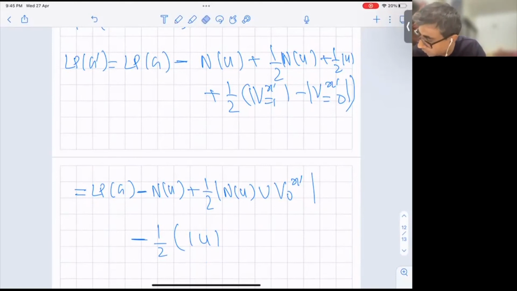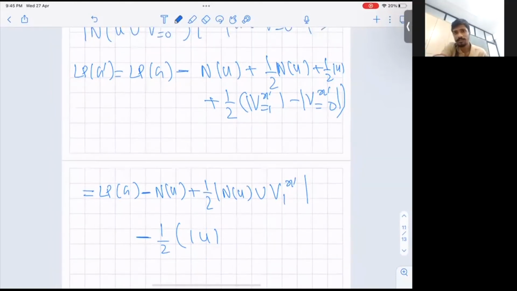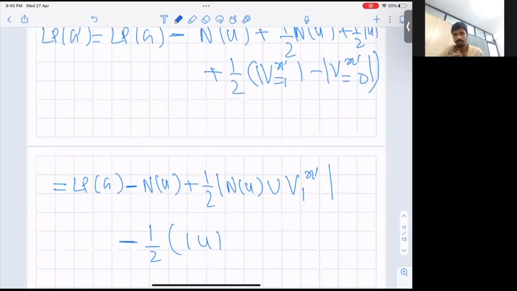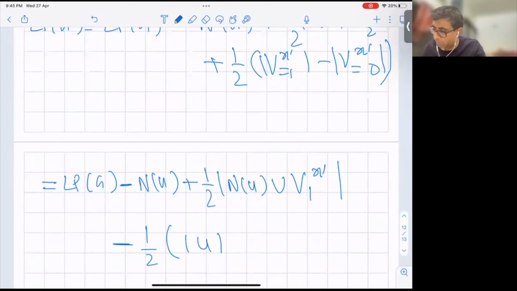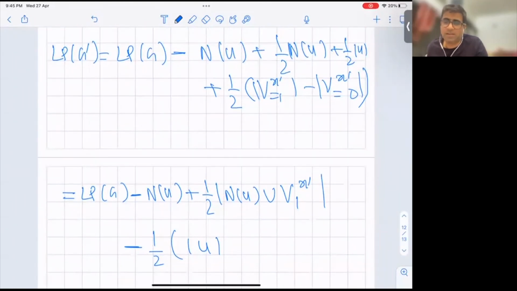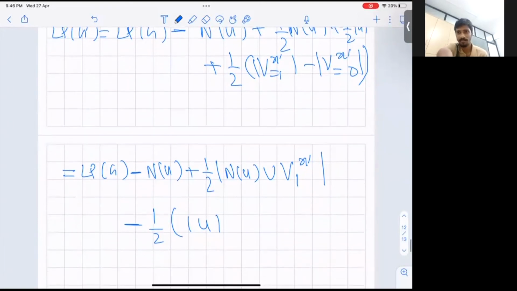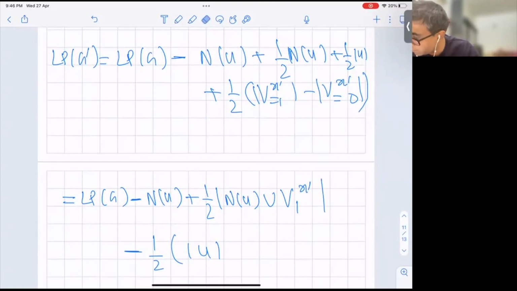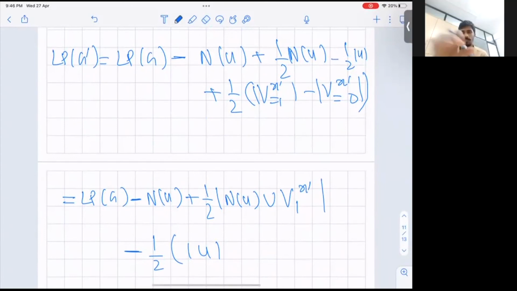It should be minus in the previous equation. Initially, it was minus half into D plus 1. D was N of U and U was 1, so it's a minus half there. The last term in LP of G prime is minus half. You're right. This is why I was having difficulty here.